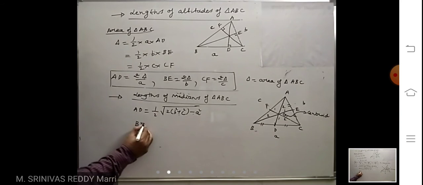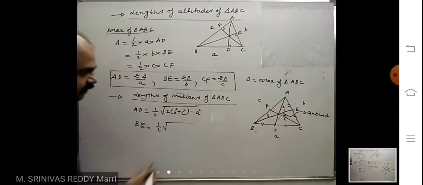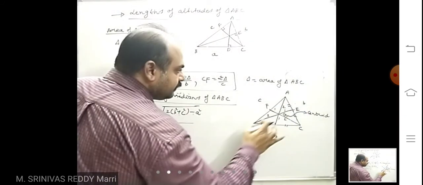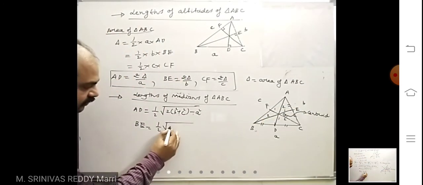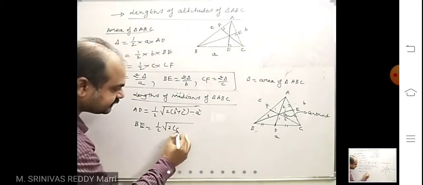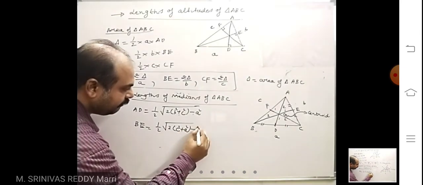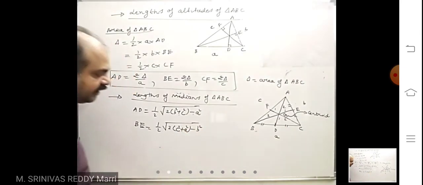Similarly, BE is half into root of 2 into (C square plus A square minus B square). This is the formula.